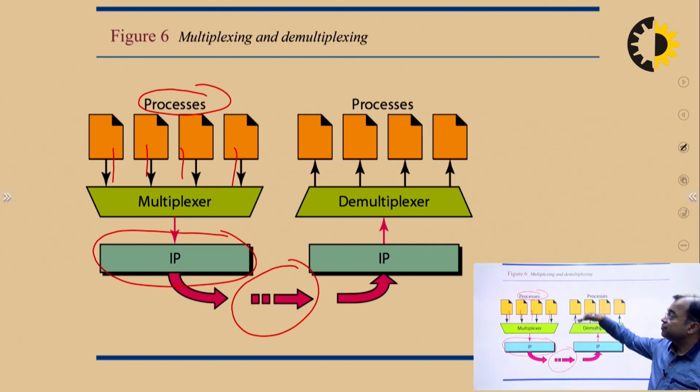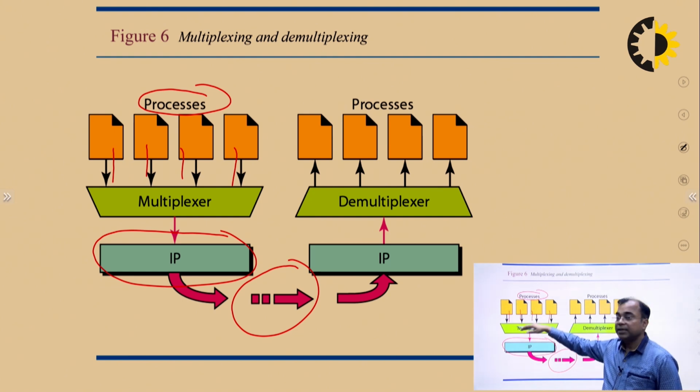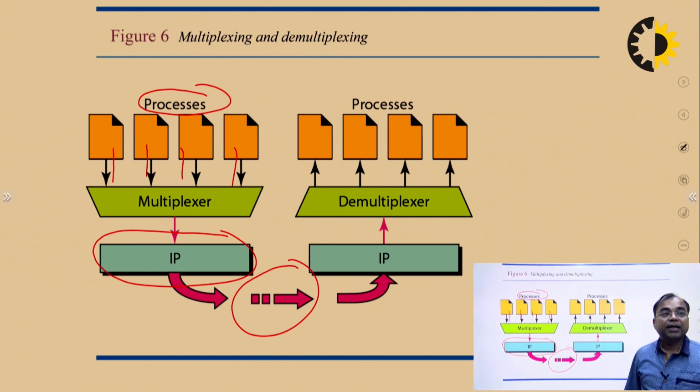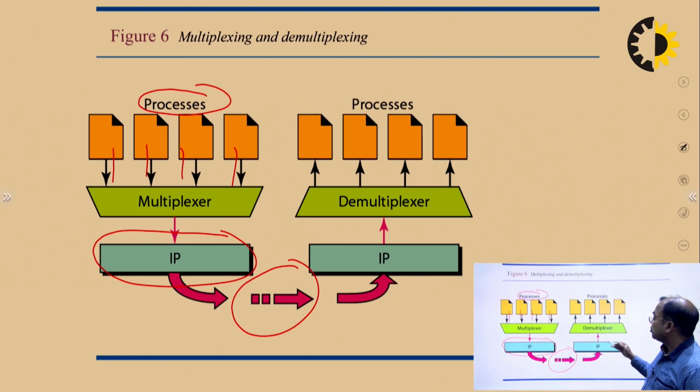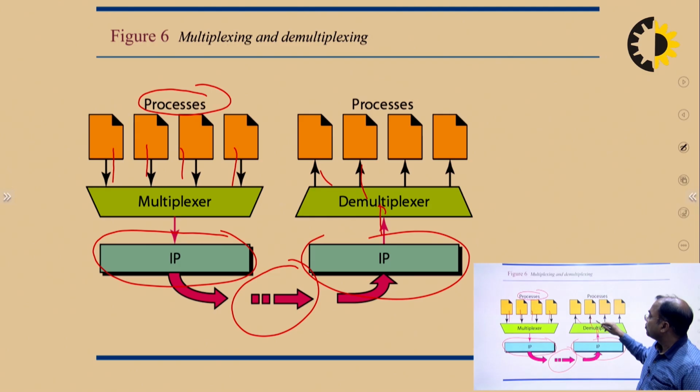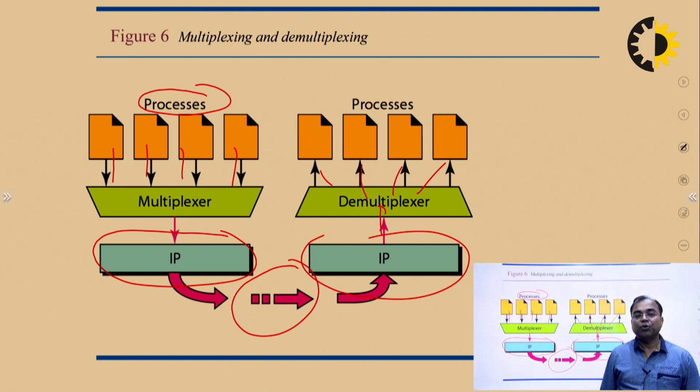After the different processes are combined and sent over the network by multiplexing, at the receiver end the IP packet is opened and demultiplexed into the data of processes 1, 2, 3, 4 and so on. This is how we separate them into different processes. So multiplexing and demultiplexing of different processes over the network is done in the TCP layer, using IP address, port number, combinedly called a socket address. Clear?